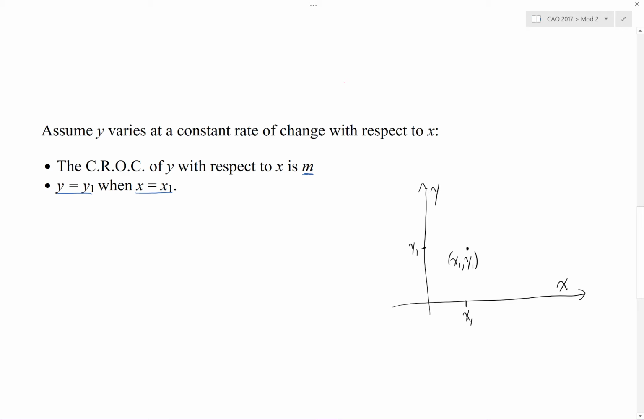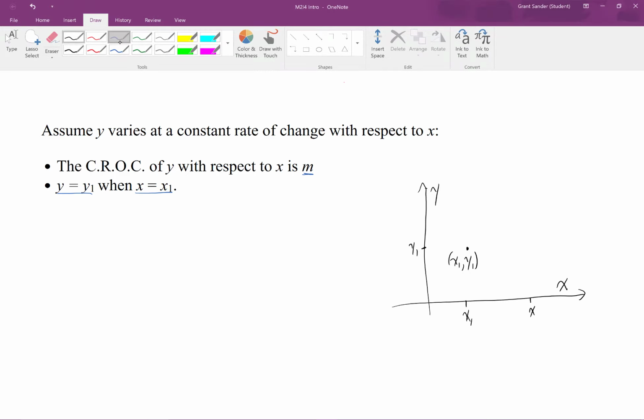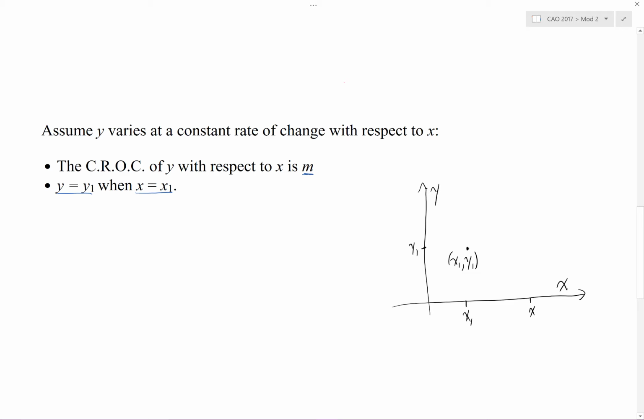Now for any value of x, if we pick any value for x, we can always determine the value of y. We have enough information. So given a new value of x, we can think of x changing from this initial value x1 to the current value of x. And this change in x is always equal to the final value, this new value of x, minus the initial value, x1.